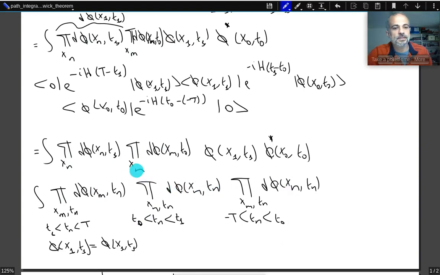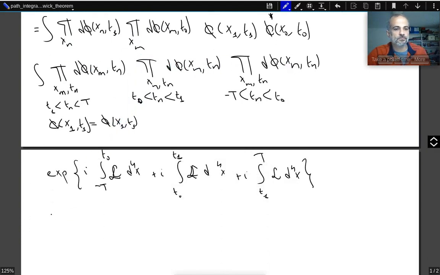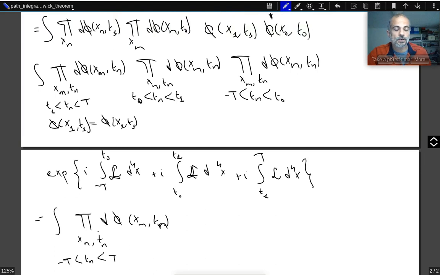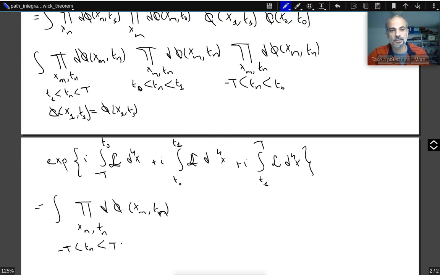So at the end of the day, I will be integrating over all the field values for all xm and tn, but this time tn is between minus T and T, and keep in mind, T will eventually go to infinity. So I'm integrating over all possible field configurations that connect minus T to T.